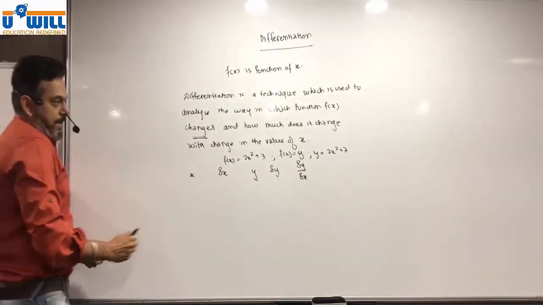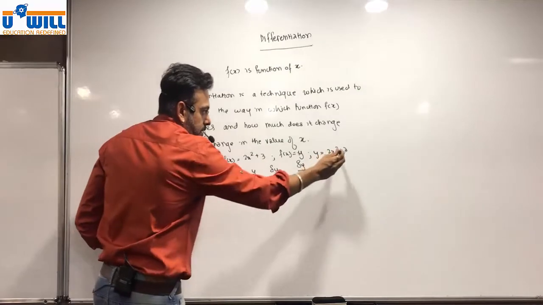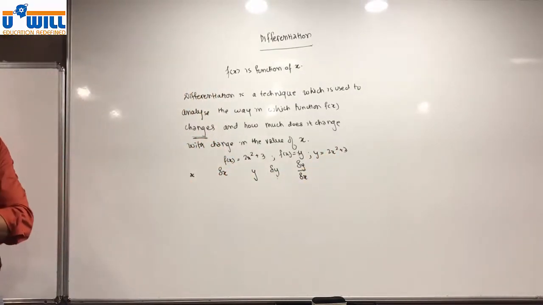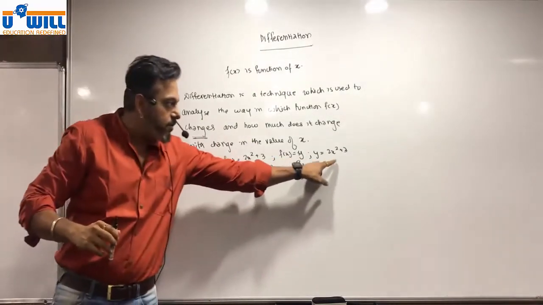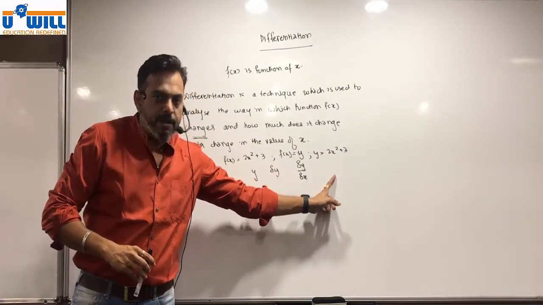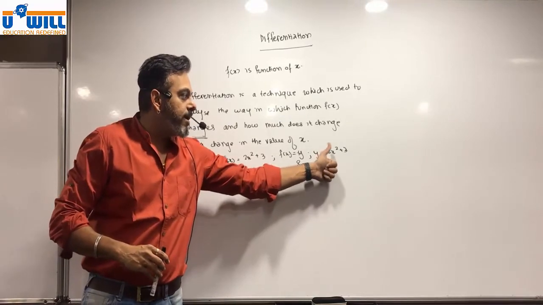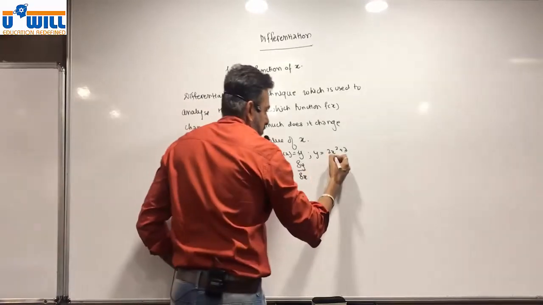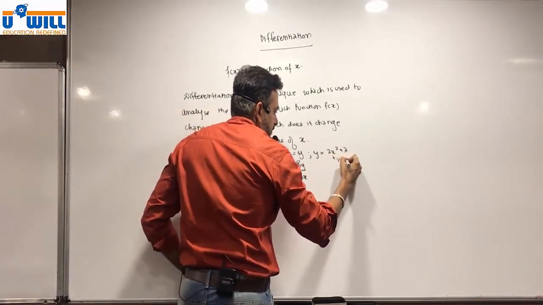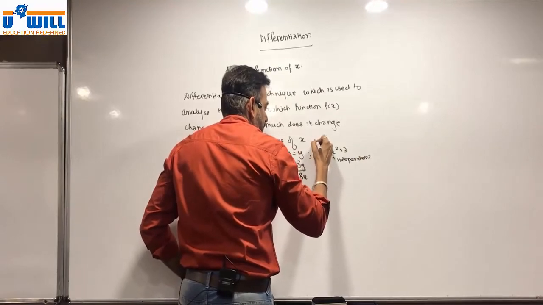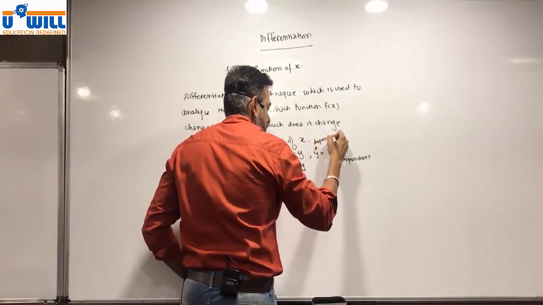Now यहाँ पे which variable is dependent and which is independent? Tell me which is independent variable in this equation? X. Variable x is independent and variable y is dependent on x. This is clear? I'll write for you. X is independent and y is dependent.